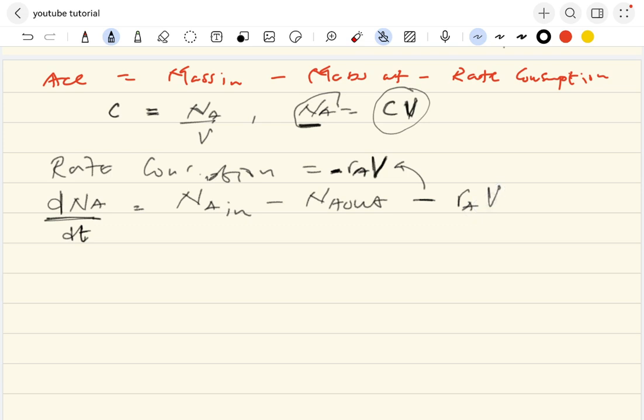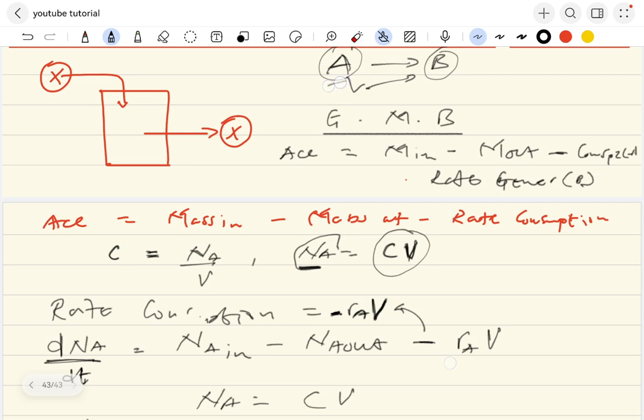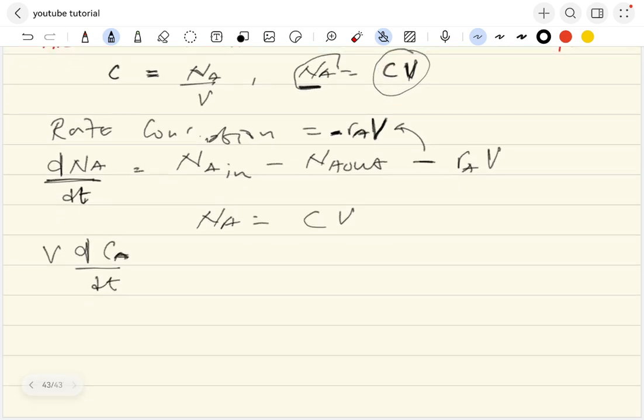Okay, and N_A is simply C times V. So here, C_A, we are writing everything with respect to A, the reactant, which is equal to the in, which will be C_AI, meaning the input, and this volume now will be the volumetric flow rate.